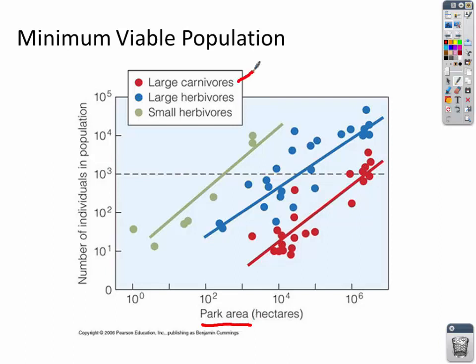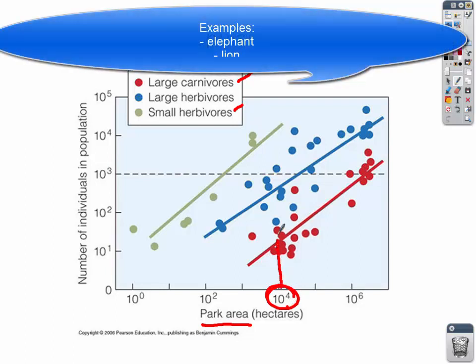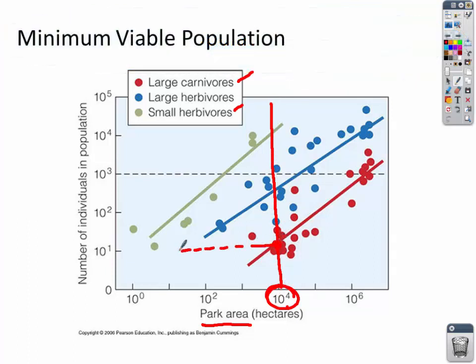So think about predator and prey. And if you take an area of, let's say, 10,000 hectares, all right, and you draw your line up here, at that amount of space, you don't really need too many carnivores, all right, and that should make sense because they're higher up on the food chain.